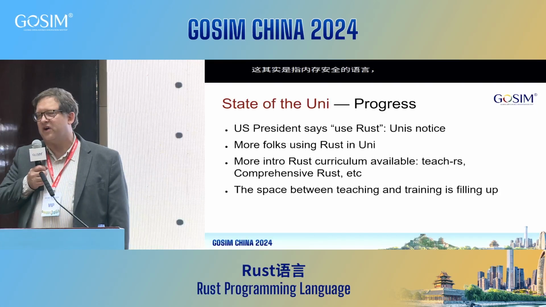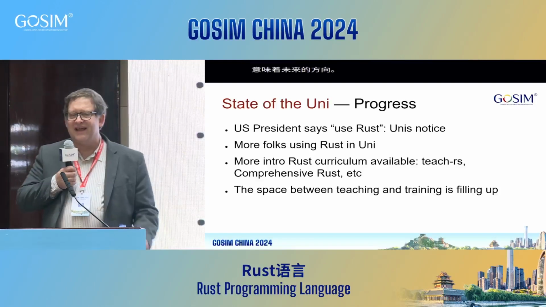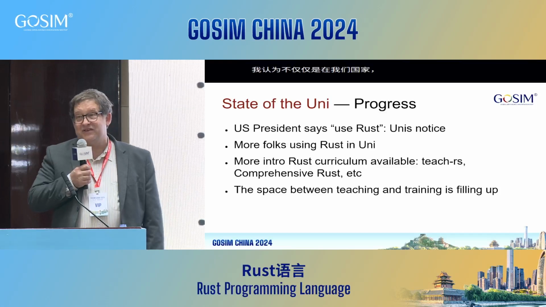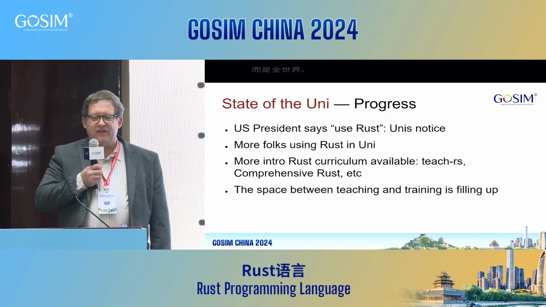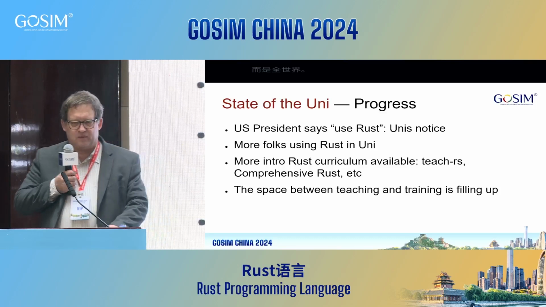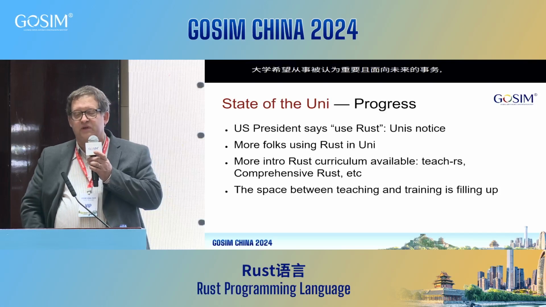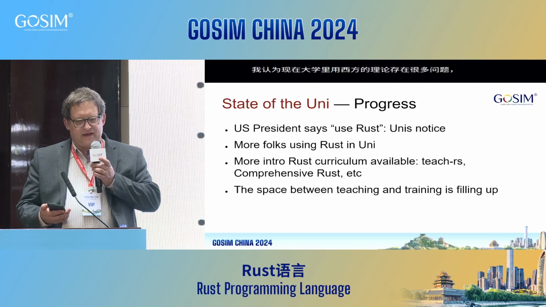I think not just in our country, but around the world. Universities want to be doing things that are seen as important and next generation, and I think that's good. There's a lot of folks using Rust in universities now, way more than there were just a few years ago. And so all of that's pretty exciting.